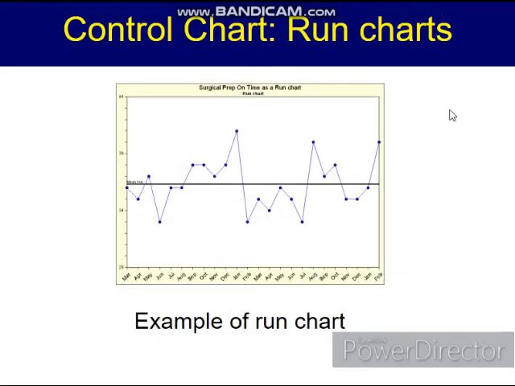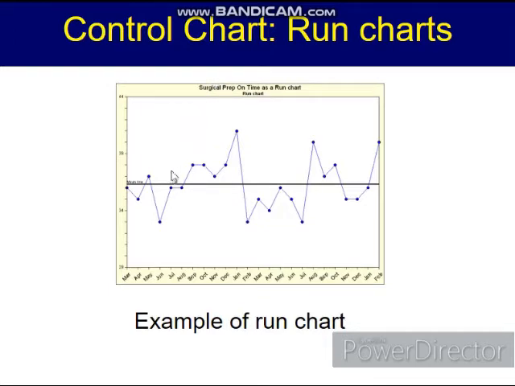These are examples of run charts. If you look at this particular run chart, the title here is surgical prep time. So this data is basically surgical prep time before surgery: how long does it take for the preparation time taken by the surgical team?